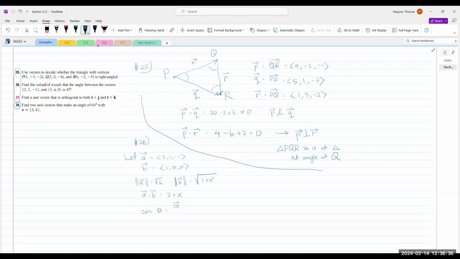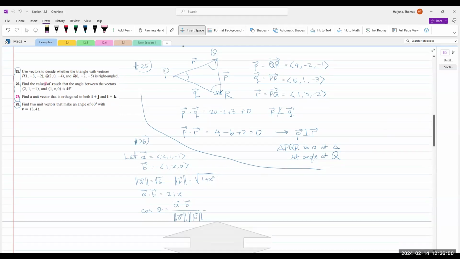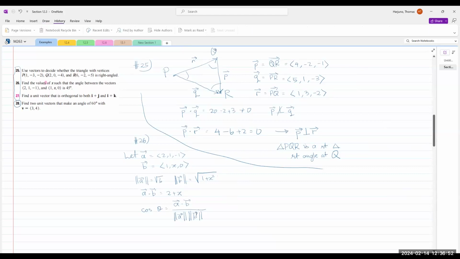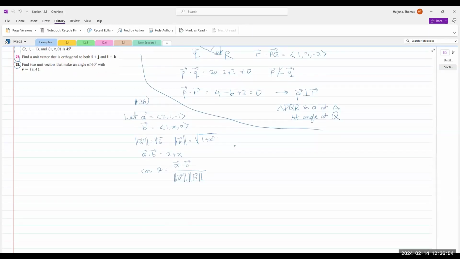Now, cosine theta is A dot B over the product of the magnitudes. Now, when I put those in, we know that theta equals 45 degrees, right? That's what it tells us.